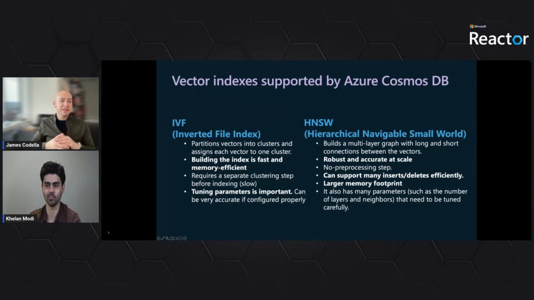The trade-off is, there tends to be a larger memory footprint. So maybe you need more computational resources to leverage this. But internally, we've done lots and lots of testing on HNSW and IVF, and we're able to support a scale of millions and millions of vectors with very efficient search accuracy and efficient performance.